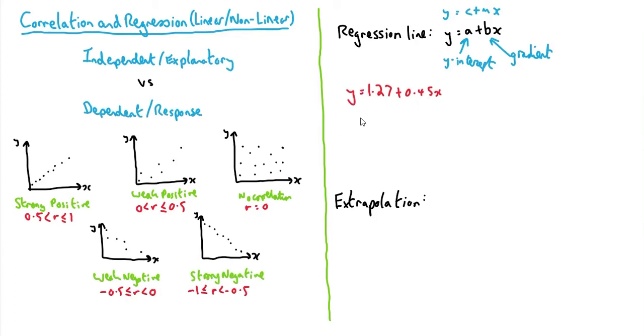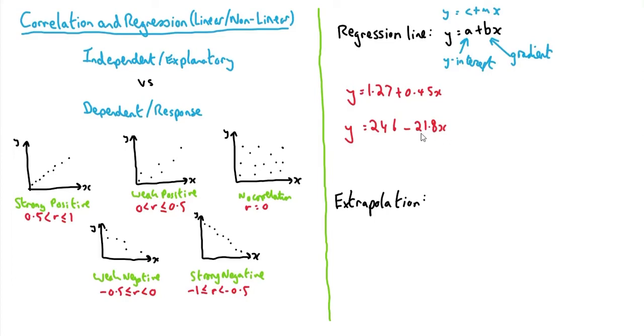Just for another example, if you had y equals 246 minus 21.8x, where in this case the x will refer to the number of builders working on a project and y refers to how many minutes it should take in total to complete that project.